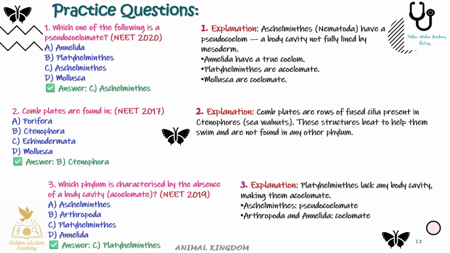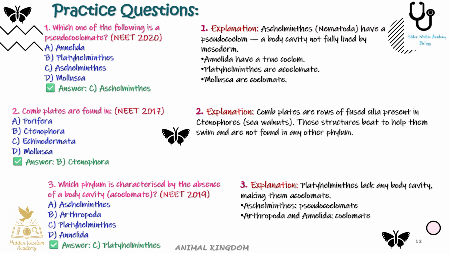Explanation. Aschelminthes or nematodes have a pseudocoelom, which means their body cavity is not fully lined by mesoderm. In contrast, annelids have a true coelom, while platyhelminthes are acoelomate with no body cavity. Mollusks, on the other hand, are coelomate organisms. The correct answer is option C, that is Aschelminthes is a pseudocoelomate.